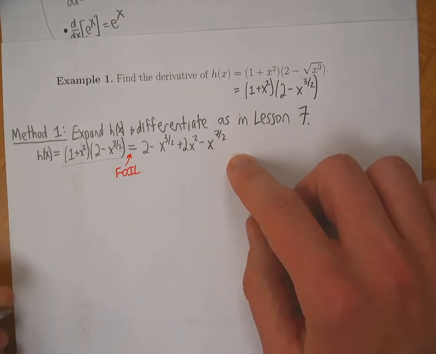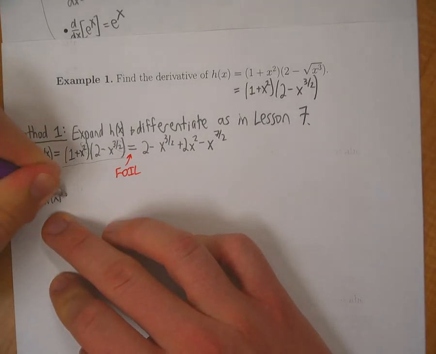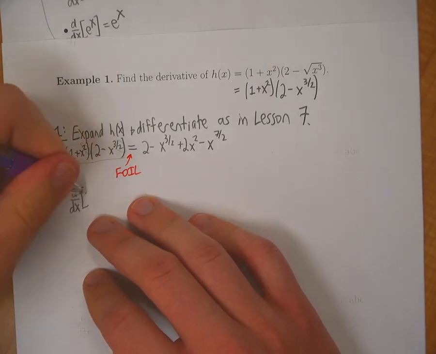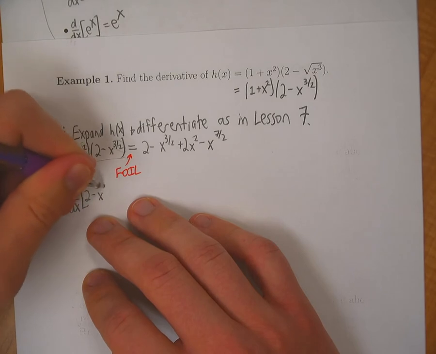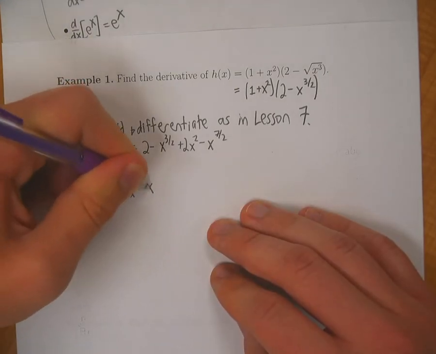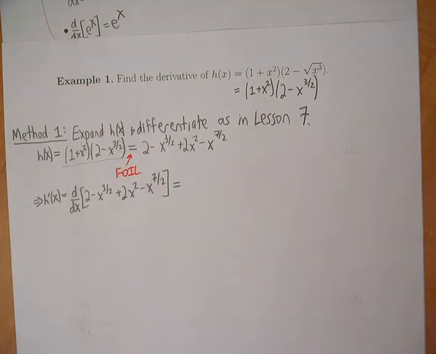Okay? Alright, so now, if we have that, the derivative becomes the derivative of 2 minus x to the 3 halves plus 2x squared minus x to the 7 halves. Okay?